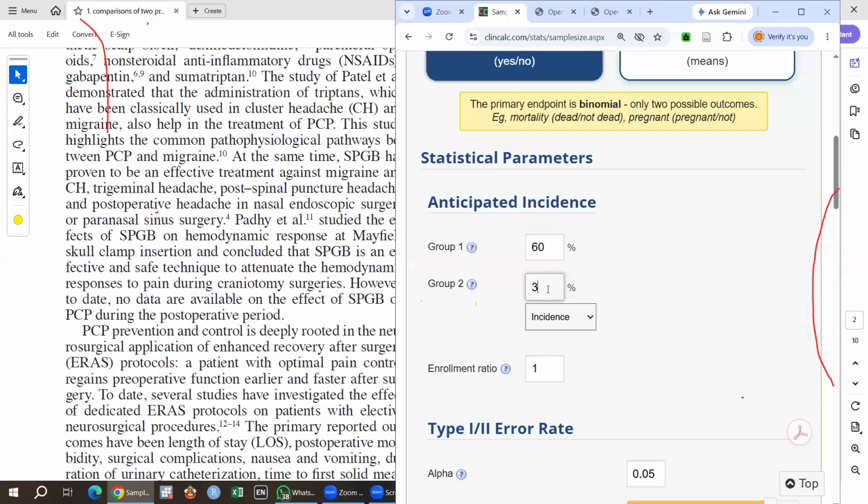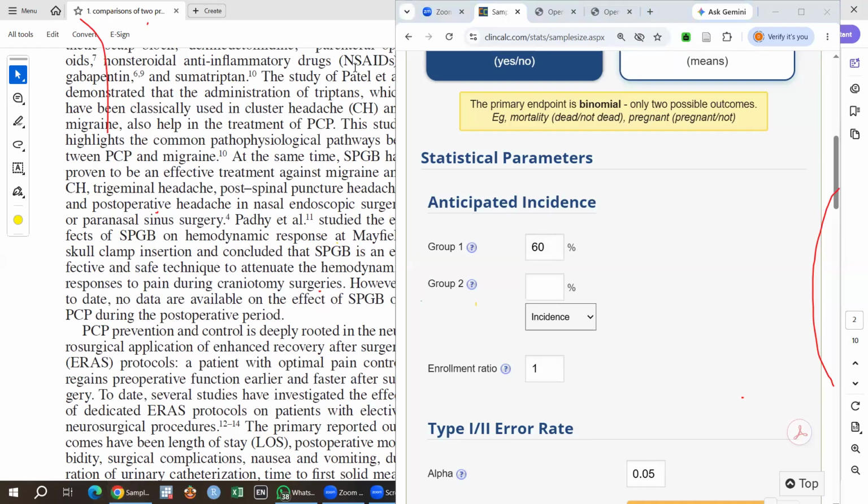And what will be the incidence here, if we assume that it is a 50% absolute reduction? If we assume that this 50% is an absolute reduction, what will be the value of group 2? Please tell me.